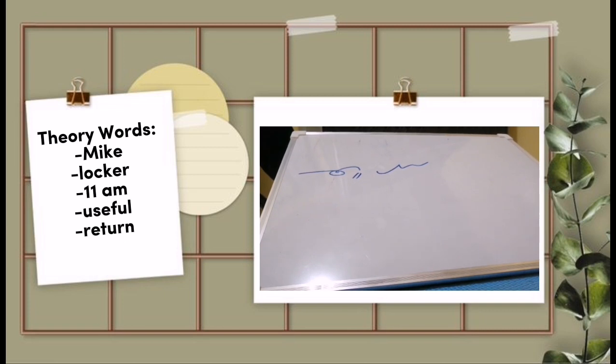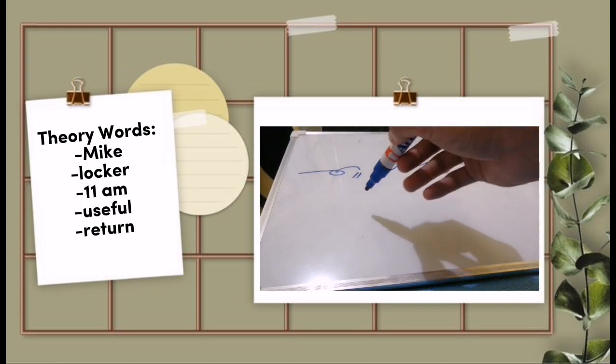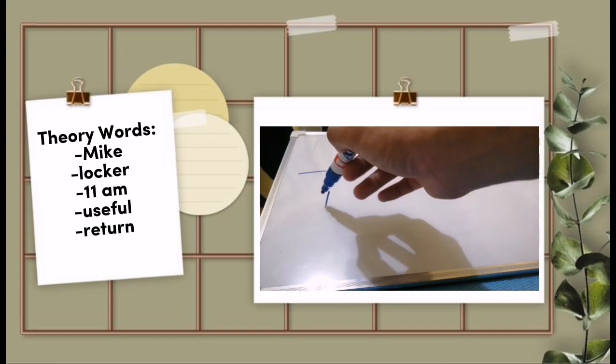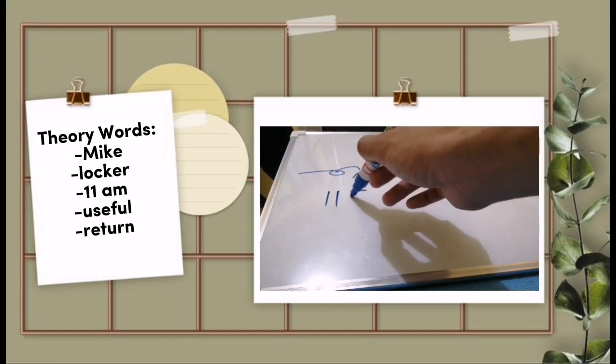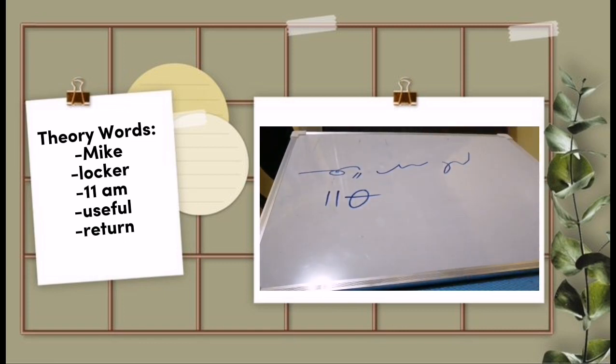Next is the word second. That's how we write the word second. For our next word, we have the word 11 a.m. So in this one, we have to write the number 11, and this is the symbol for a.m. Next one, we have the word useful.